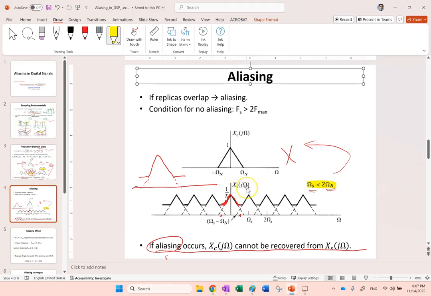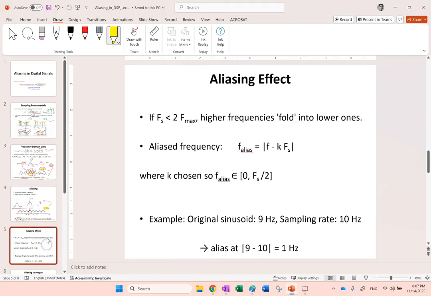If you listen to it, because anything we listen to these days is not an analog recording, it's a digital one. So if you look at the digital signal that has aliasing in it or a digital image, what would you see? What kind of distortion because of this overlap would you see? So let's talk about that.